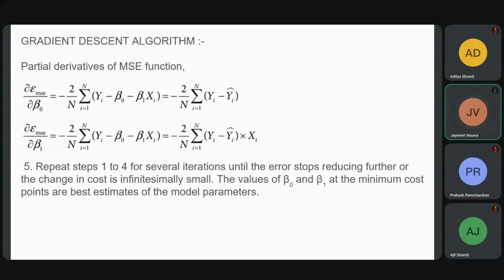Now repeating these steps of 1 to 4 for several iterations until the error stops reducing further or the change in cost is infinitesimally small. The values of beta 0 and beta 1 at the minimum cost point are the best estimates of the model parameters.